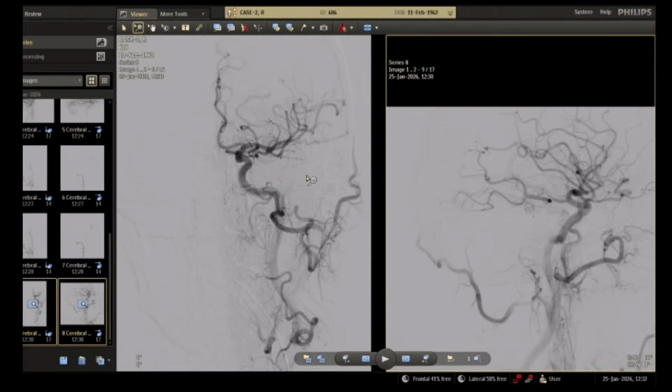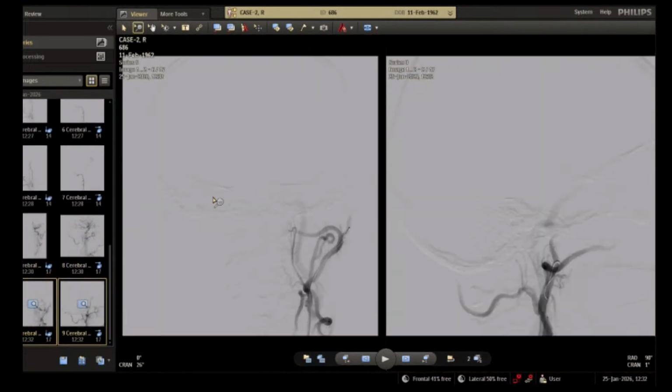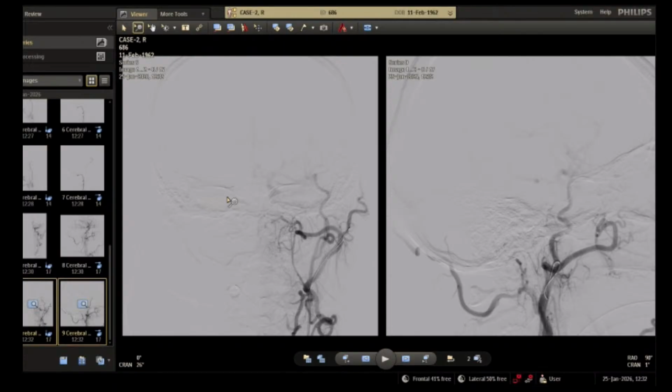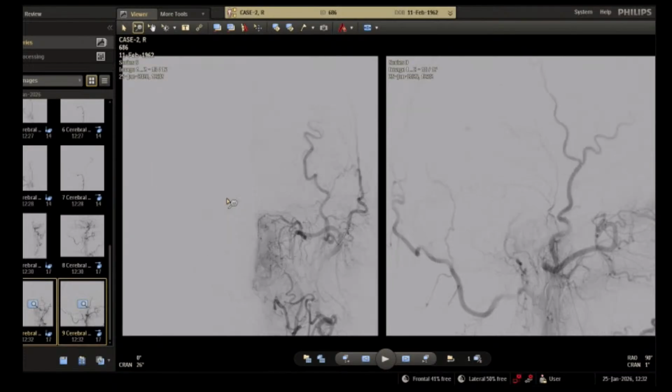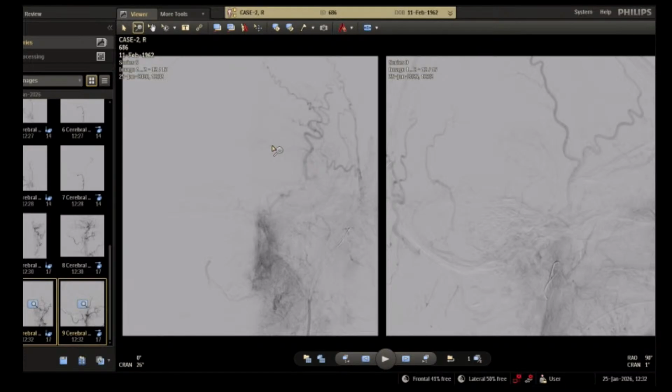Yeah, Abzal did the angiography from the external carotid. Because of the spasm, it's not so nicely visible. There is some branch going there.